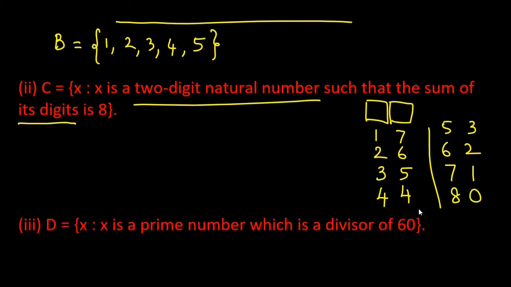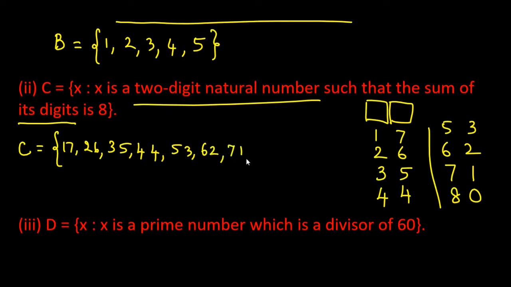These are all the 2-digit natural numbers having the sum of digits as 8. So we can write the set C as C is equal to {17, 26, 35, 44, 53, 62, 71, 80}.